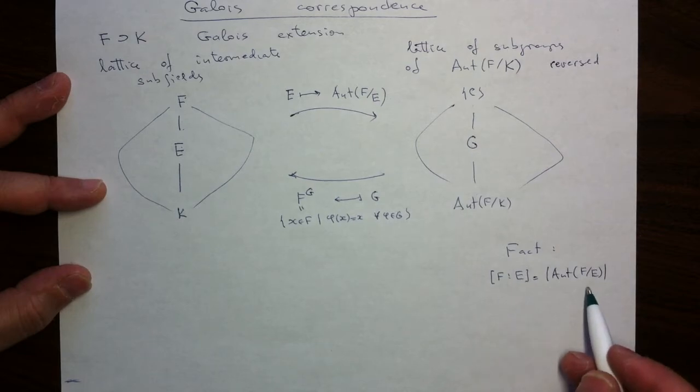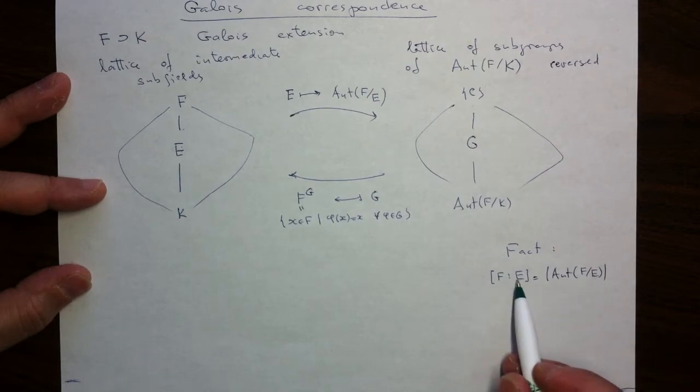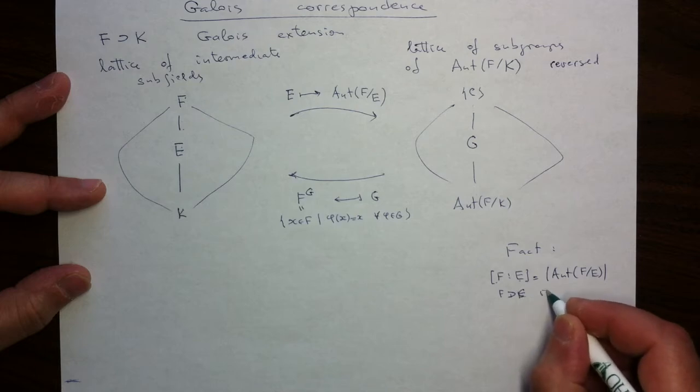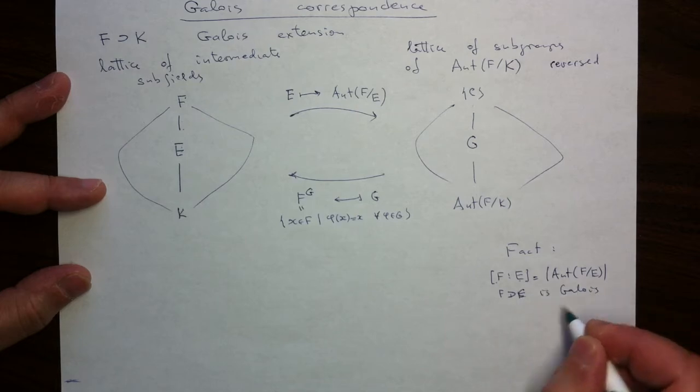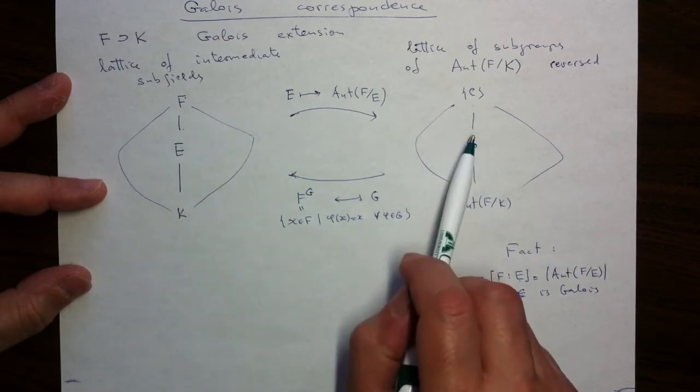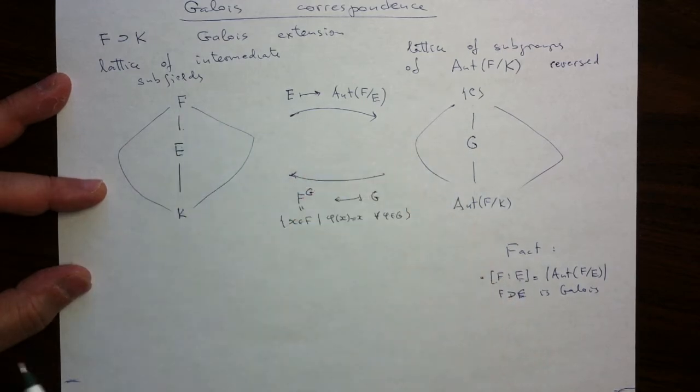And of course this is true since F as an extension of E is also Galois. So that is the fact that this map preserves the numbers attached to the edges.